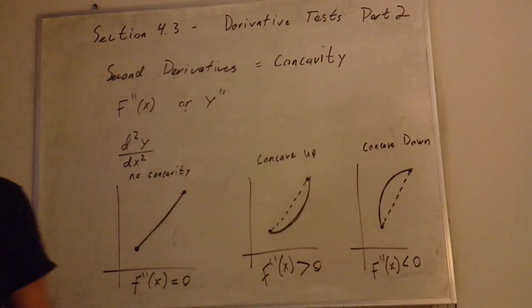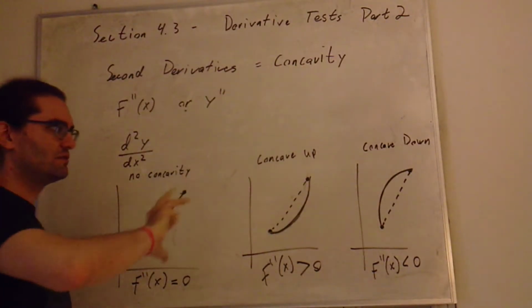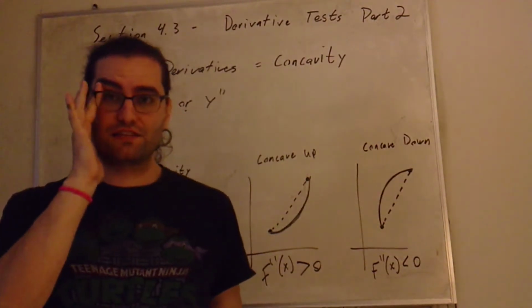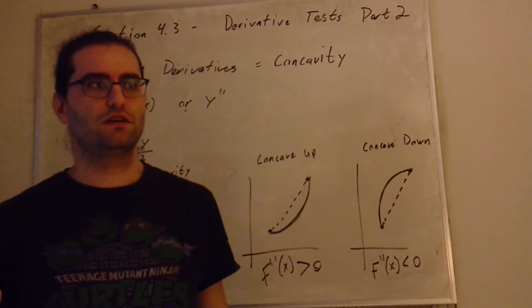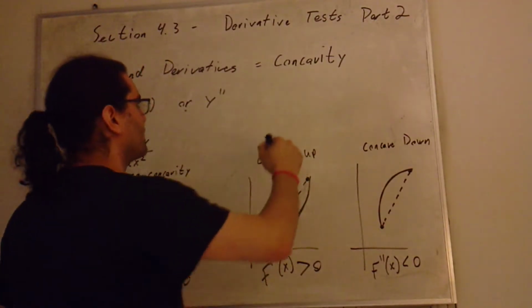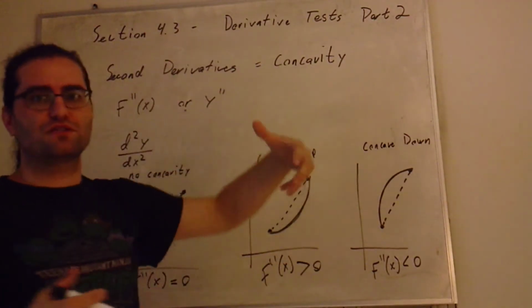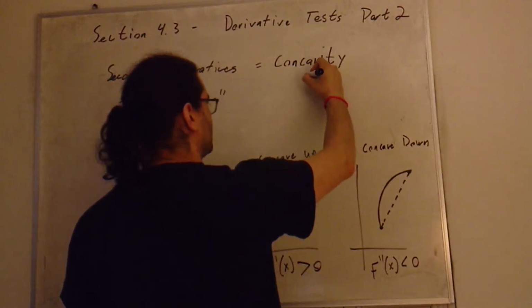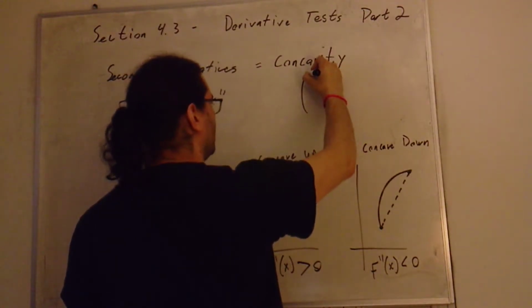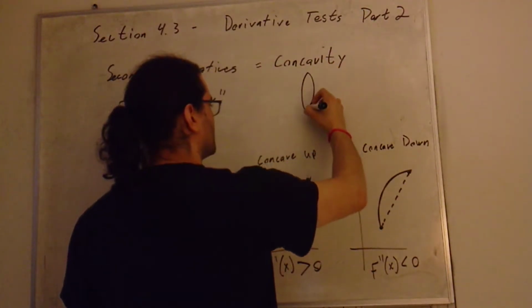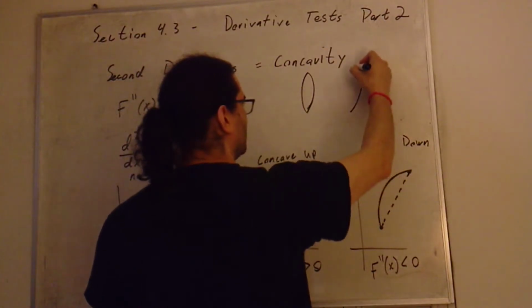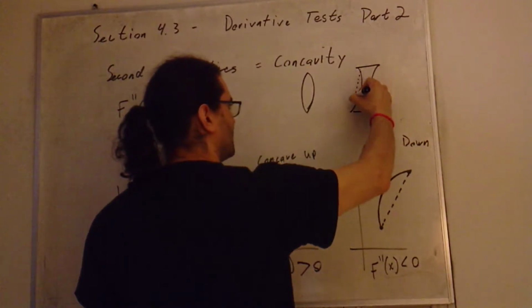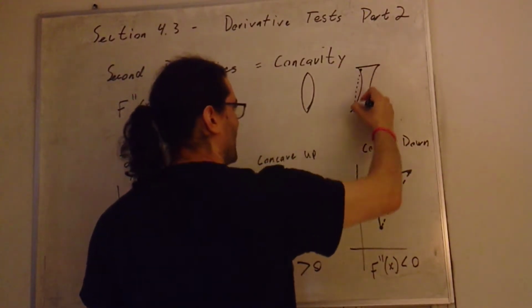Hopefully this connects to your previous ideas of what the word concave means. I was first exposed to this word concave or concavity in respect to lenses or shapes. This is a concave lens, because if you connect 2 points in it, the line might be outside of it.